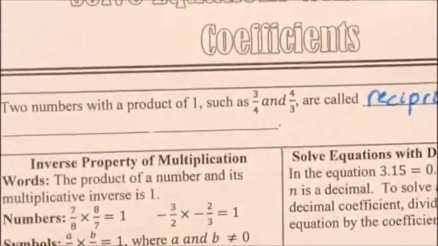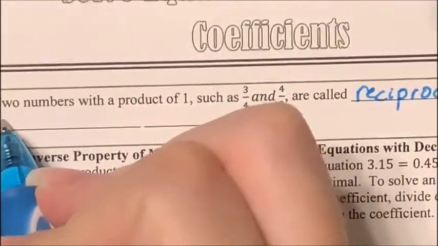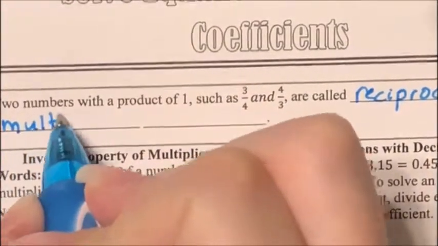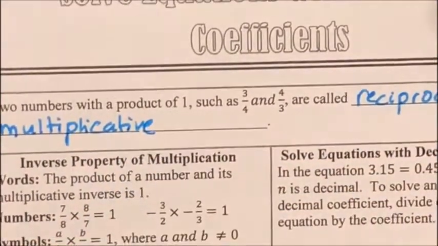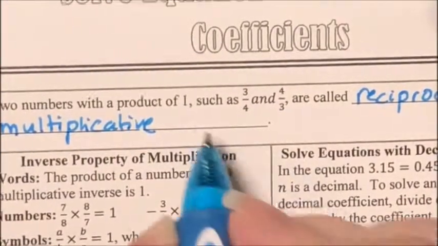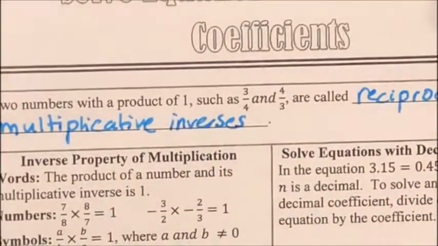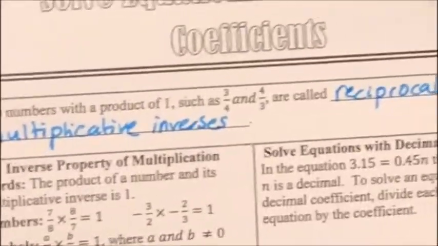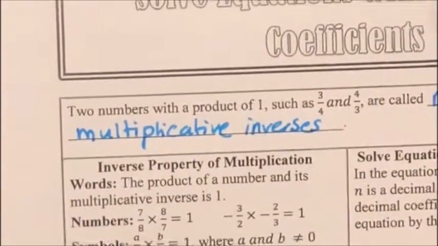Reciprocals, so that goes in the first one. Or in the other two blanks, you're going to write multiplicative inverses. So multiplicative inverses, okay? So reciprocals, multiplicative inverses.